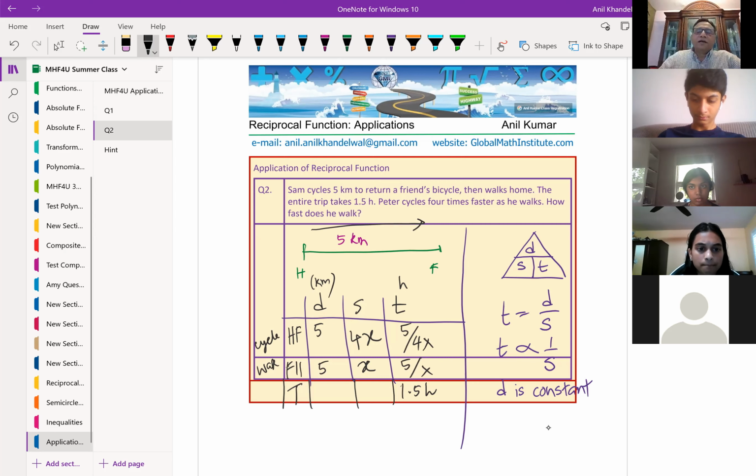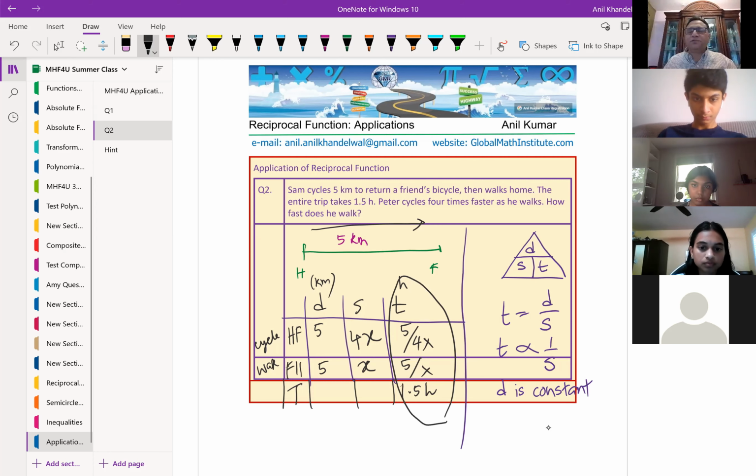Okay, Ankita, now can you relate the time and give me an equation to be solved so that we can find the answer of this question? Sorry, I'm just thinking. Yeah, think. So we have seen the time from home to friend's house is 5 over 4x, and returning is 5 over x.